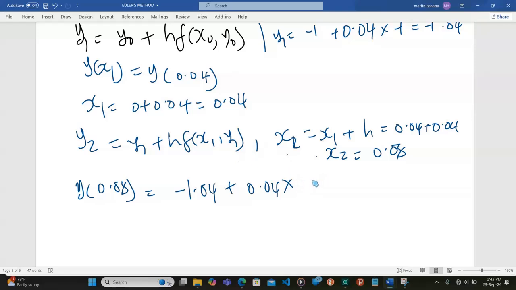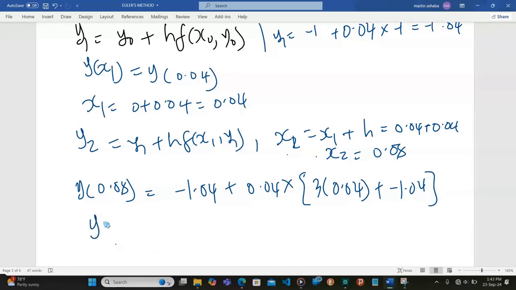What is the value of f(x1, y1)? This is going to be 3 into x1, which is known as 0.04, then plus y1, which we obtained as -1.04.